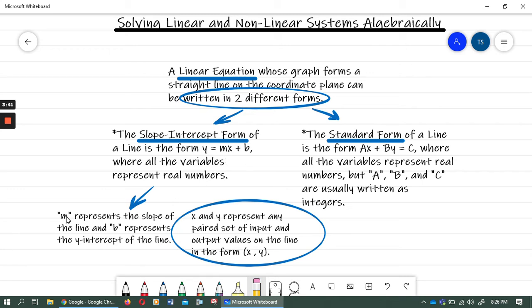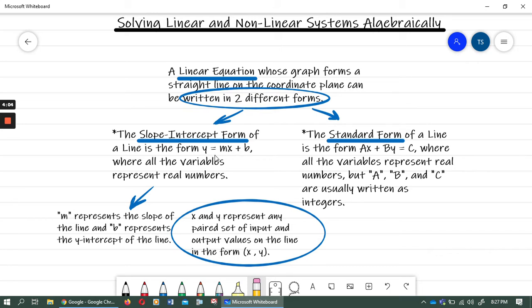For the slope-intercept form of a line, that form y equals mx plus b, the m represents the slope of the line, and the b represents the y-intercept of the line. We don't have enough time to go into all the detail about slope-intercept form and graphing it, but you'll see some of these linear equations in this form.